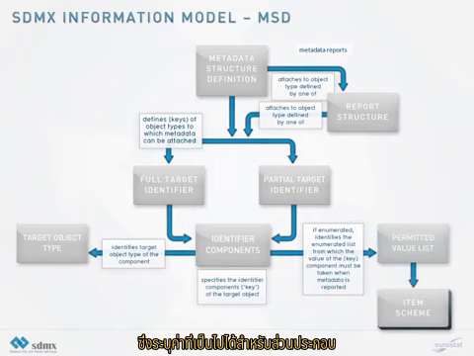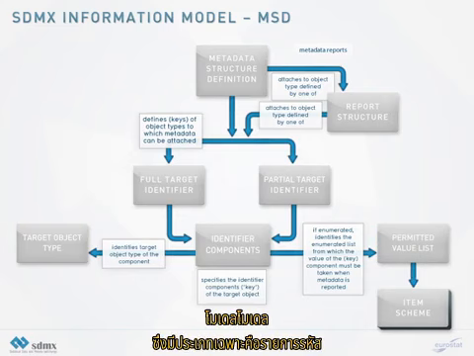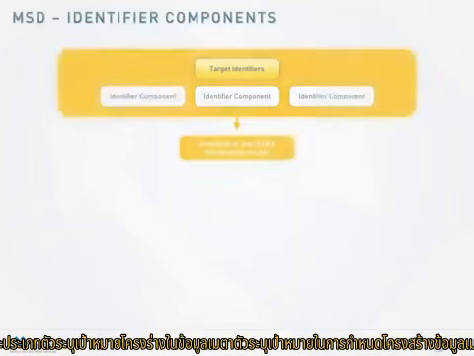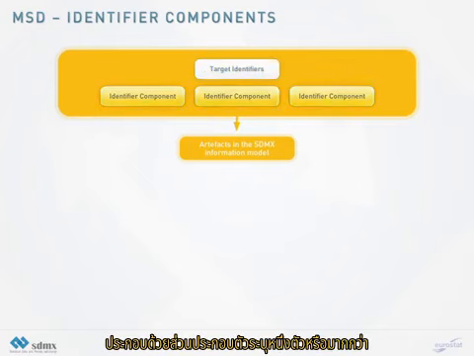An item scheme is a generic name in the information model whose specific types are code list, concept scheme, organization scheme, and category scheme. A target identifier in a metadata structure definition consists of one or more identifier components.